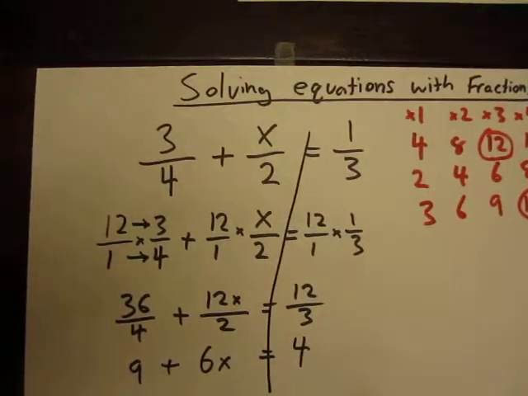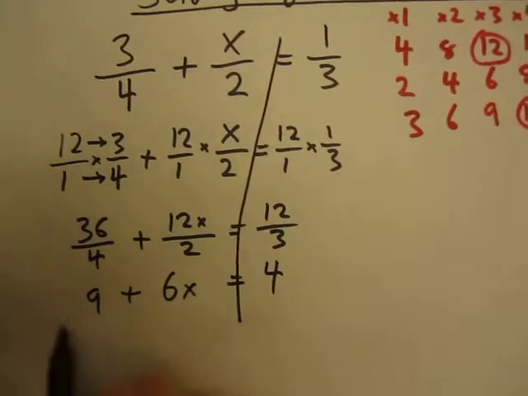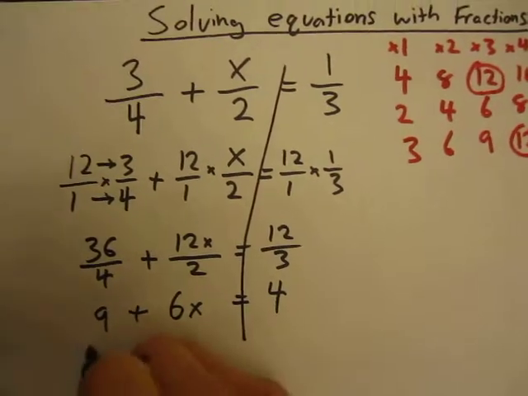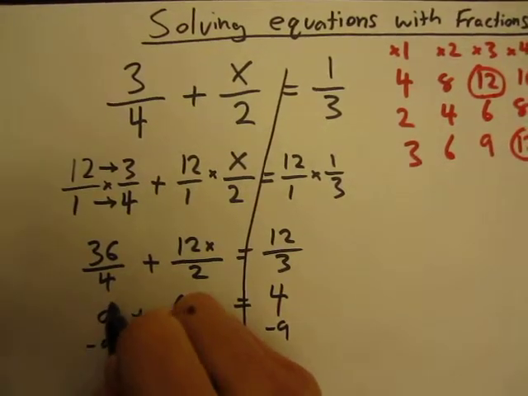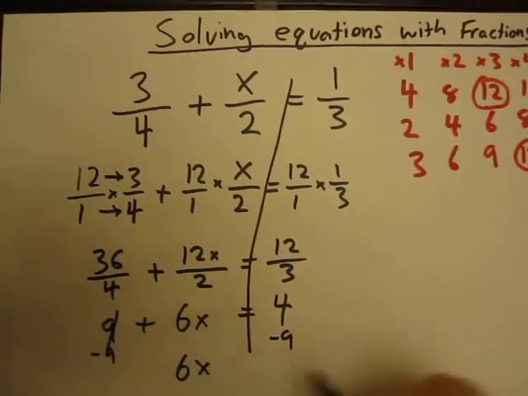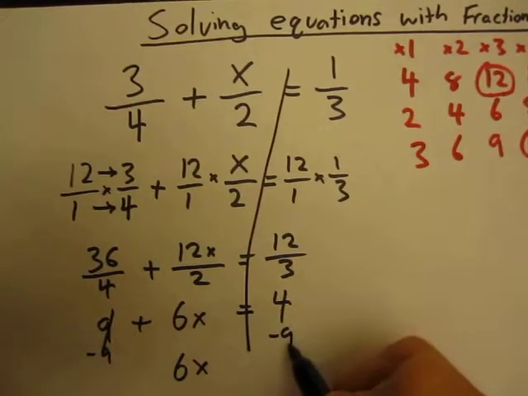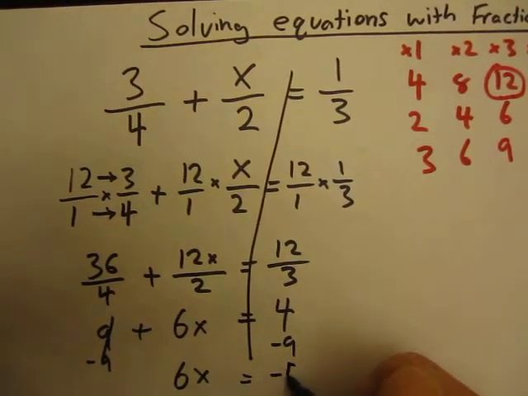Just to keep that line so you know what we're doing here. Now we just have a two-step equation. So we subtract 9 from both sides. That gives us 6x, because 9 minus 9 is 0. 4 minus 9 is -5.